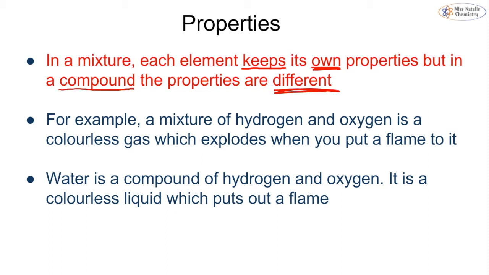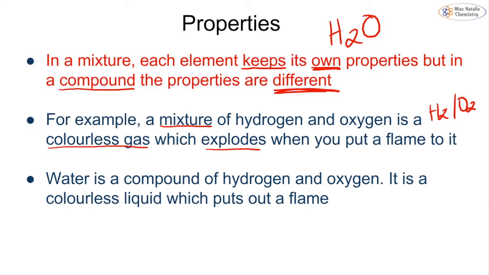For example, if we look at water, we know that water is H2O, made of hydrogen and oxygen. So a mixture of hydrogen and oxygen is a colourless gas. Okay, so if we have H2 and O2 mixing together, it's a colourless gas. If we put a flame near that, it will explode. Very flammable.